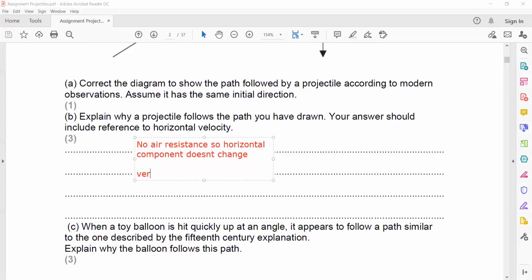The vertical component accelerates, decelerates and accelerates. So the vertical component has acceleration and deceleration due to gravity.